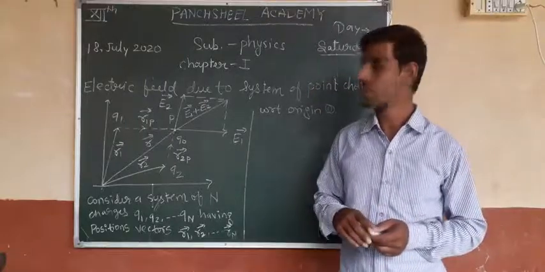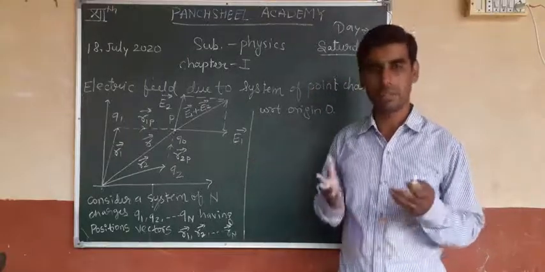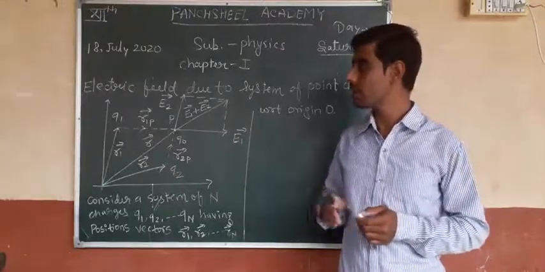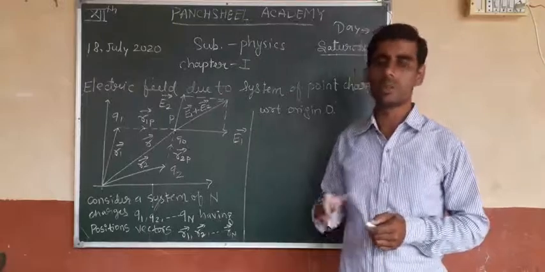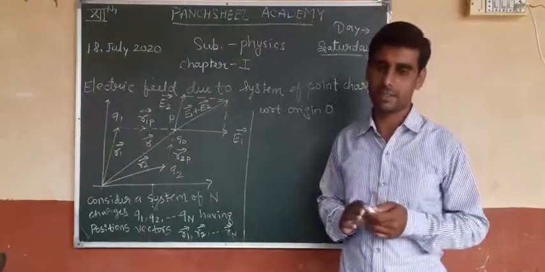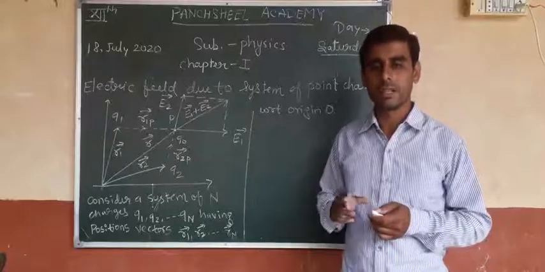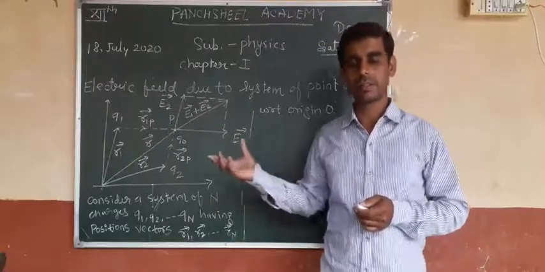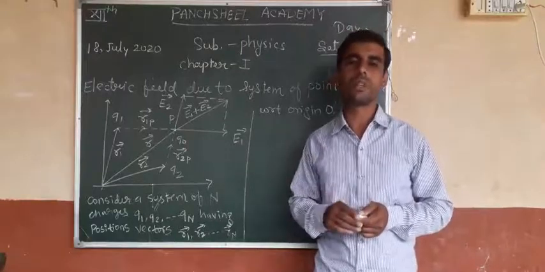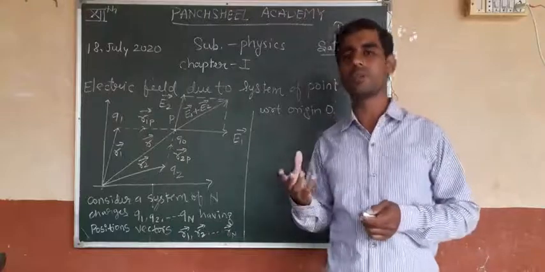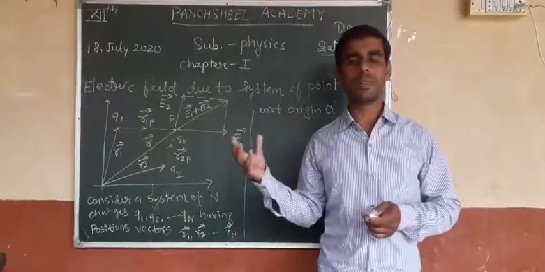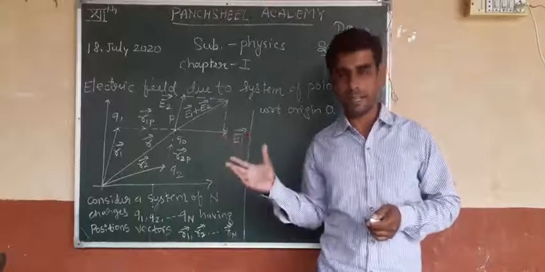Now in this topic, if more than two charges or a system of charges is there, then what is the electric field due to the system of all the point charges or multiple charges? It is the same as we discussed for force due to a system of multiple charges: the resultant force is equal to F1 plus F2 plus F3 and so on, plus Fn.